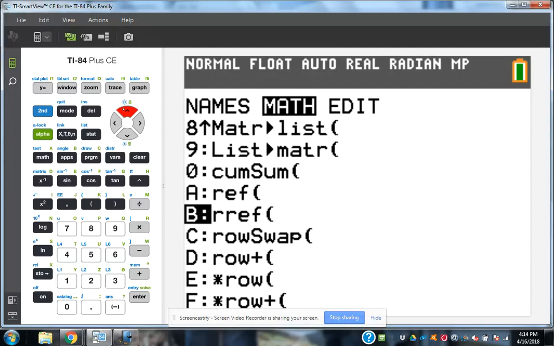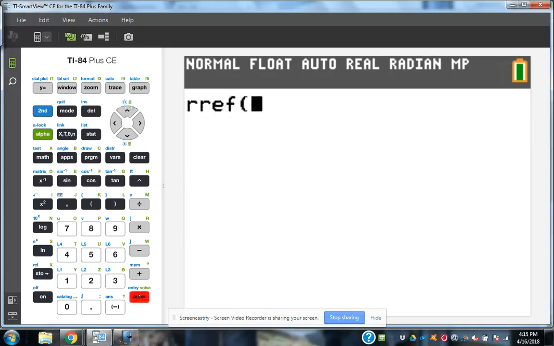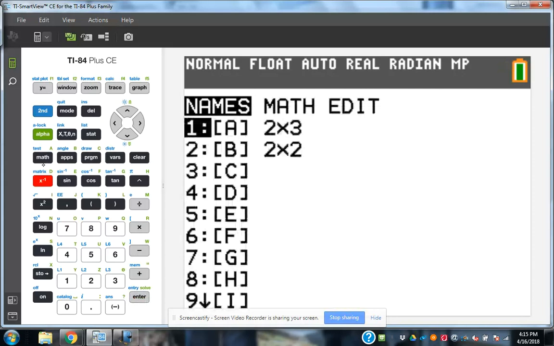There may be another way to get to that using like alpha F1, F2, something like that. I can't remember. I don't ever do it that way. So RREF, hit enter. It pulls that command up to the regular calculator screen and says, okay, what do you want to do RREF to? We want to pick the matrix that we put in. So I'm going to hit second matrix.